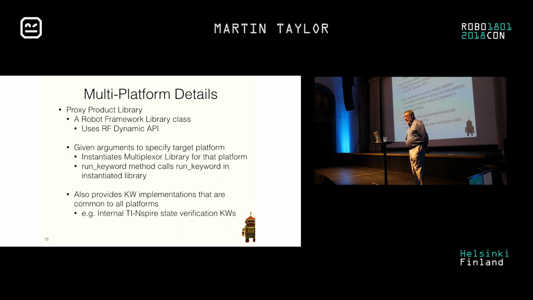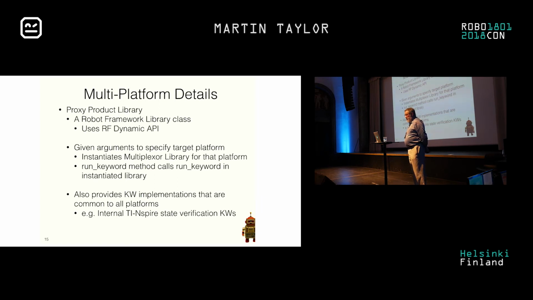Again, we used the Robot Framework Dynamic API for building the proxy product library. We instantiated the multiplexer library. We used the run keyword method in that library to pass on down the stuff from the Robot Framework.